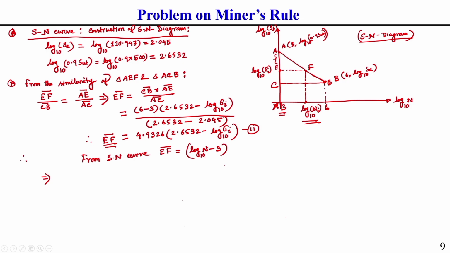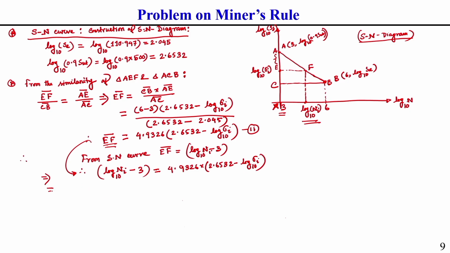So, from equation number 2, what can we get? Log 10 Ni minus 3 should be equal to 4.9326 into 2.6532 into log 10 sigma I.